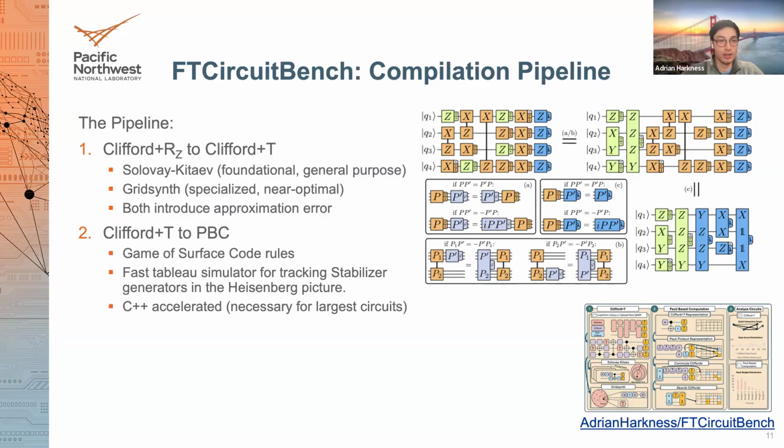And we use a specialized Tableau simulator for tracking this evolution of our measurement basis, as well as for all of our conjugations. And even though we have this in Python and C++, this is the type of thing that is much faster in C++ on very large circuits.